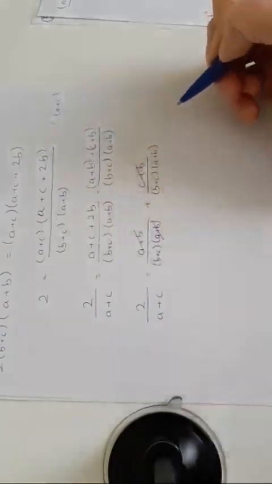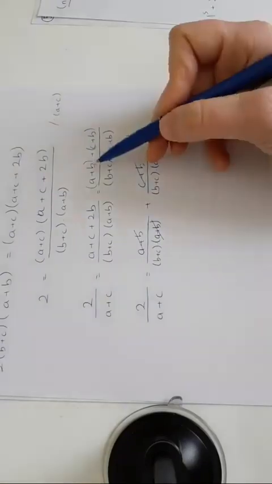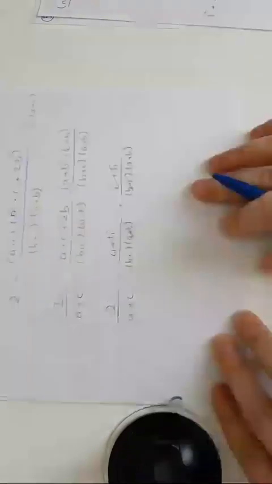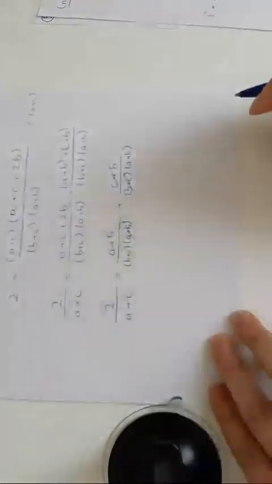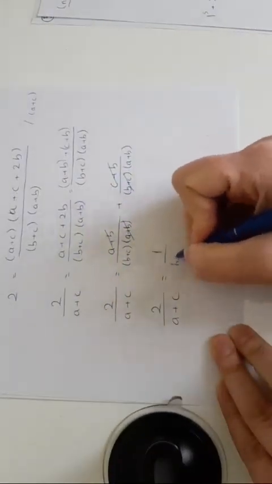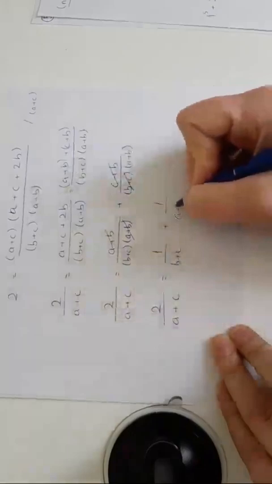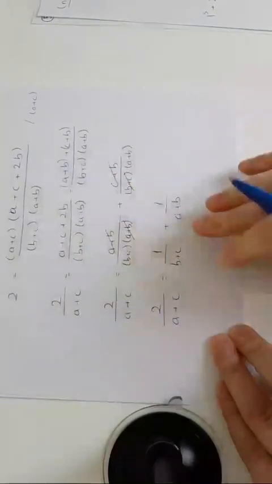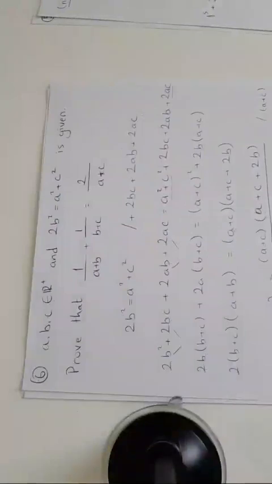What is the problem here? Now it becomes 2 over a plus c is equal to 1 over b plus c plus a plus b. The thing that we have to show, to prove, is this one.